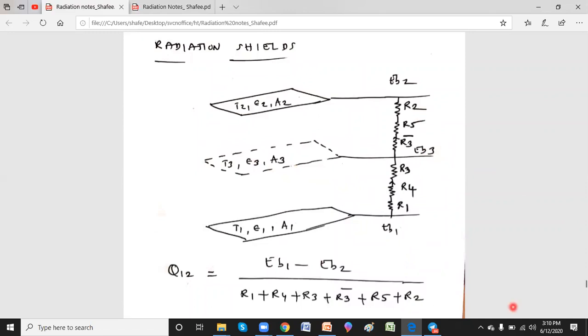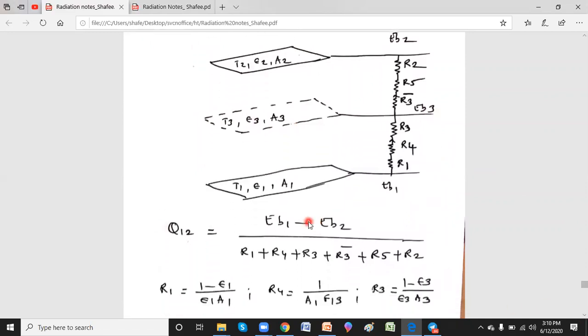My amount of heat transfer now is given by the formula EB1 minus EB2, because the emissive power from the first surface to the second surface is happening here, but it has to cross the shield, then go on. So EB1 minus EB2 over the combination of resistances. R1 is near surface 1, R3 is near the shield here, and similarly I call the other side R3 dash, because it is after the shield.